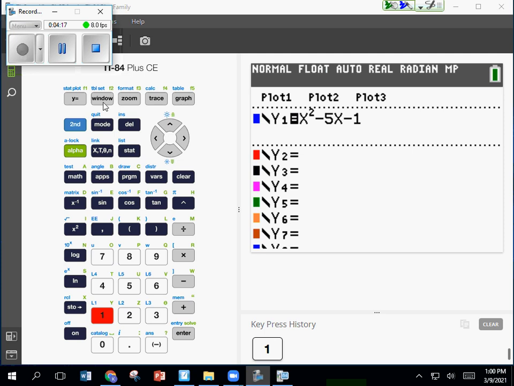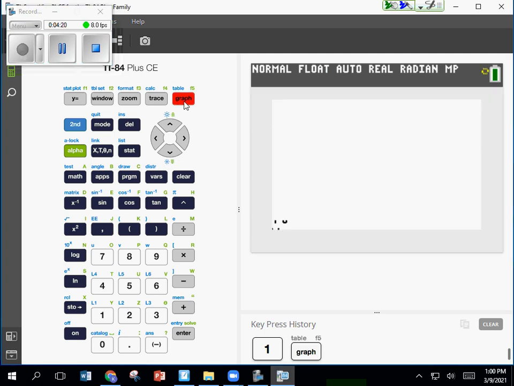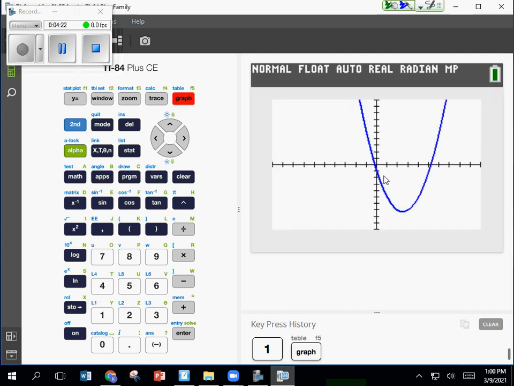Alright, so we're going to graph this, and hit graph, and it's going to cross at a number 5 and a decimal.